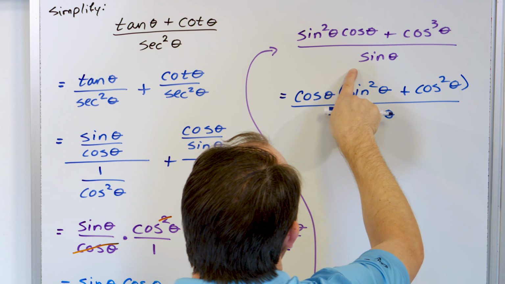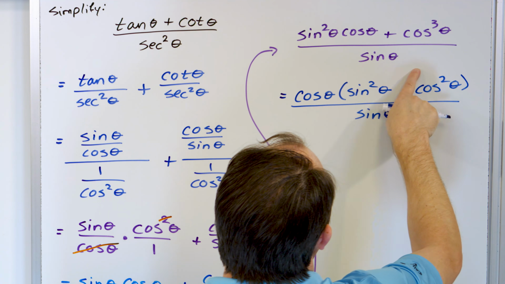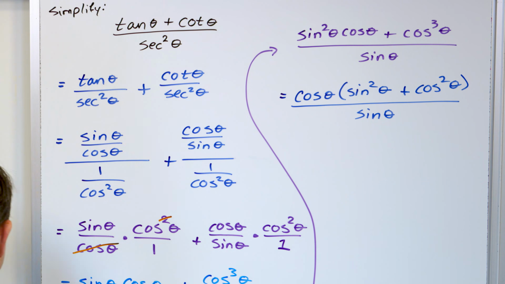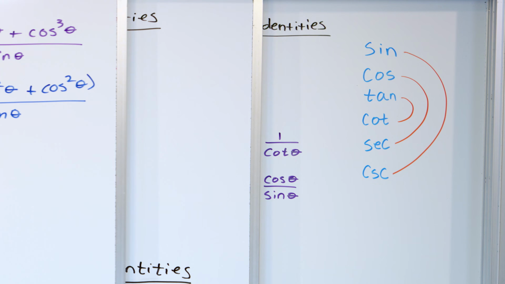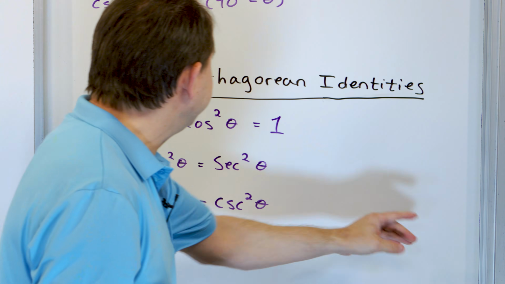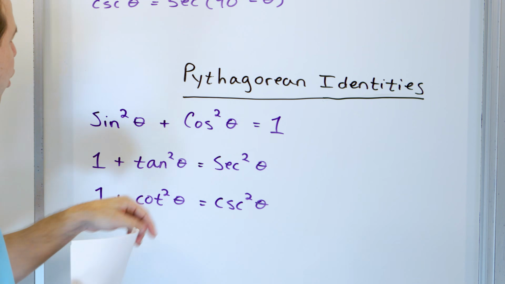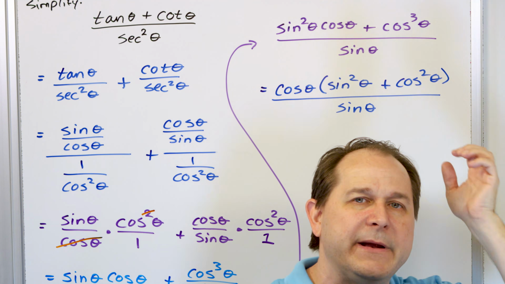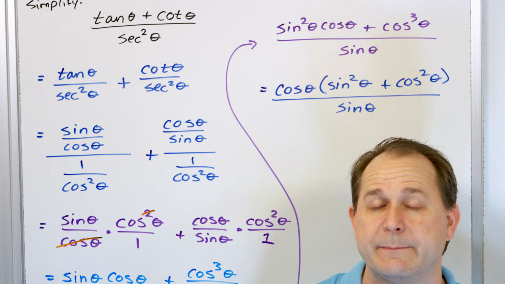Notice if you back multiply, you get this term. And if you multiply over here, you get this term. So I know I factored out correctly. But, drum roll please, anytime you see a sine squared plus a cosine squared, it's always equal to 1. So this whole thing in parentheses is equal to 1. That's a common thing you do in trig for identities and simplifying.